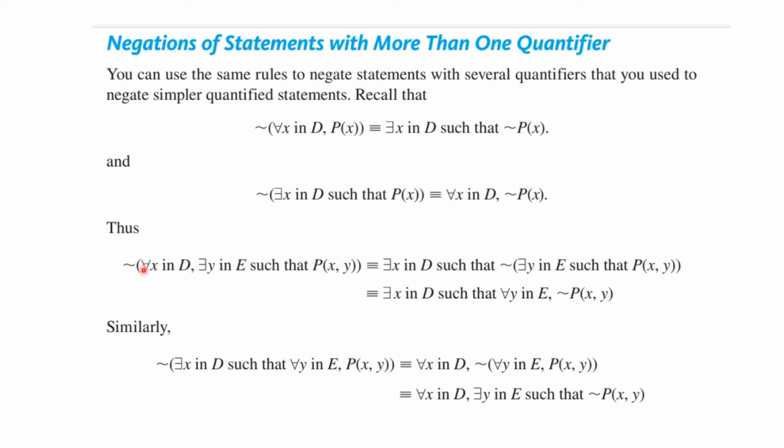So if you negate this statement that has for every x there exists in it, this will be logically equivalent to, after you do some simplification, and we do two stages, first this stage and then this stage, there exists an x in D such that for every y in E, not P of x, y, and similarly for this. So you want to be careful about this.